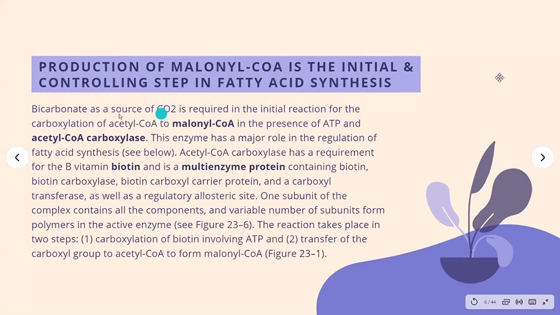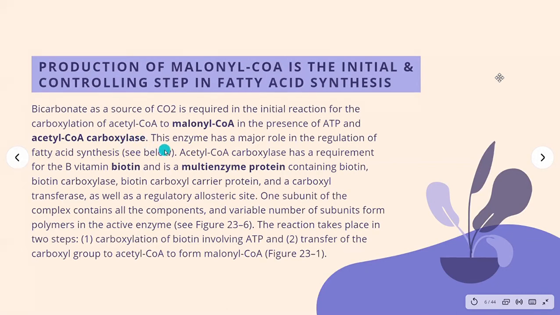And then, of course, with the carboxylation process, it becomes malonyl-CoA. The enzyme is acetyl-CoA carboxylase.